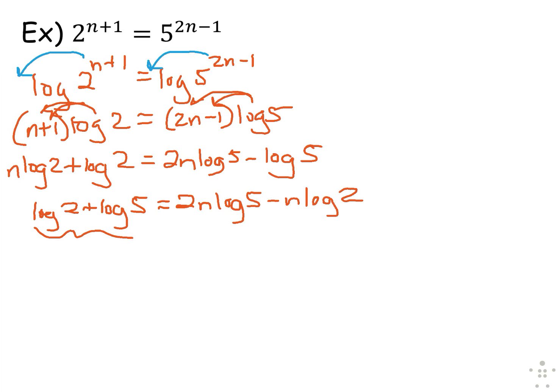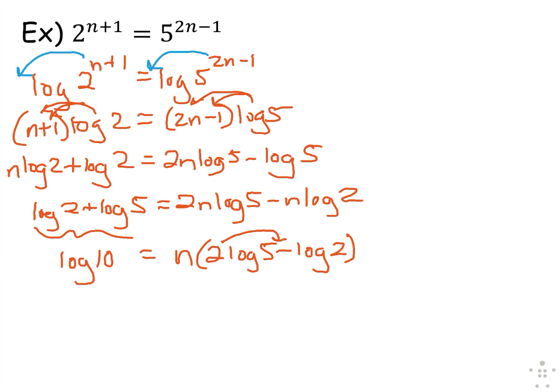You could rewrite this as the common log of 2 times 5, which is 10, just so it's one term, or you could keep it as 2, your choice. Over here on the right hand side we have a GCF of n, so we will factor that out front.